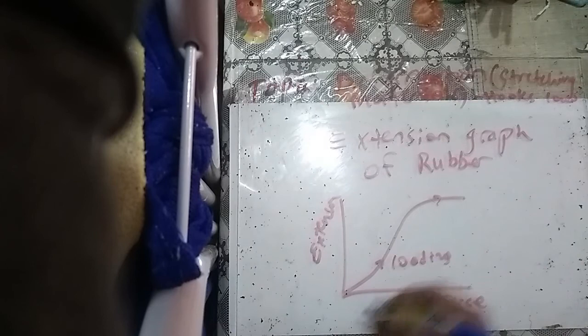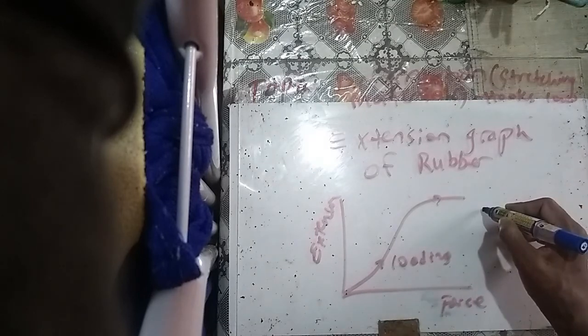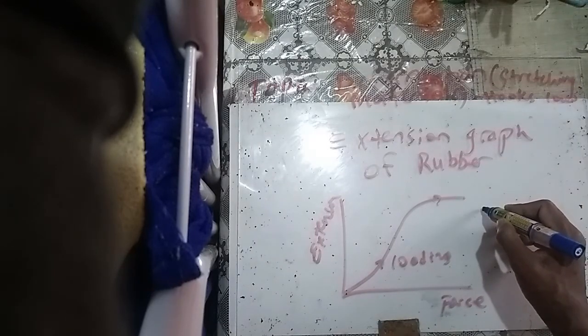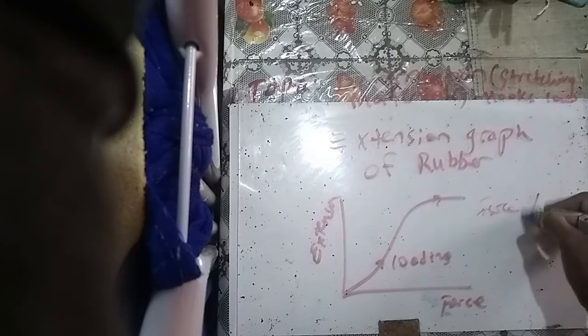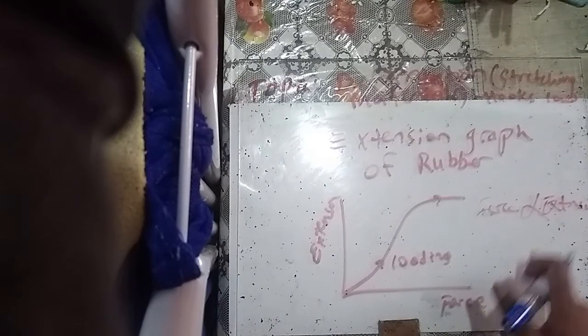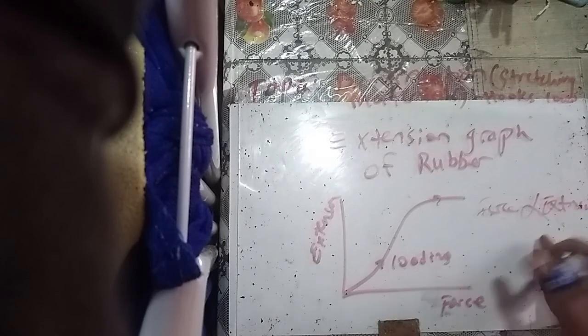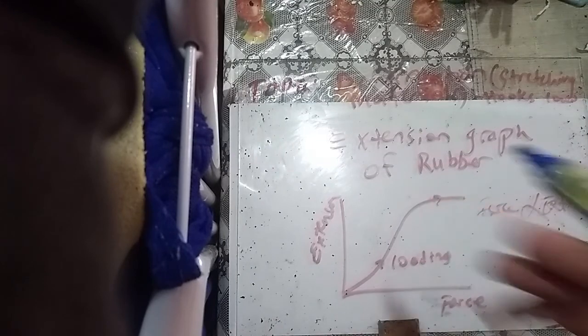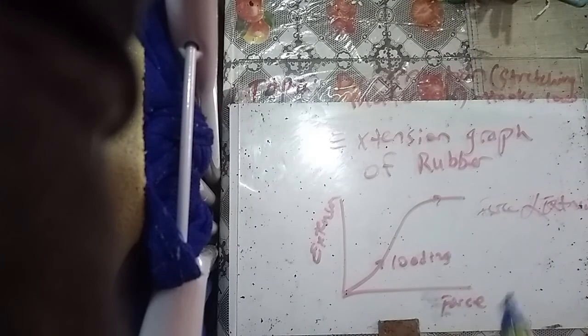Because Hooke's law says force is directly proportional to extension, or extension is directly proportional to the force applied. It means that when force goes up, extension goes up. When force goes down, extension goes down, and vice versa, right?